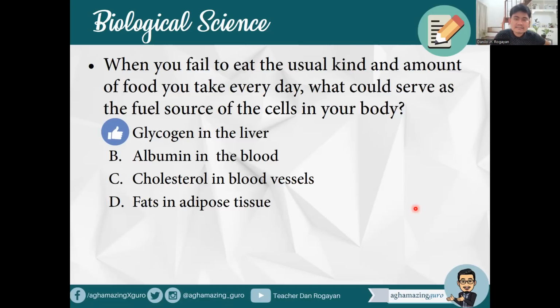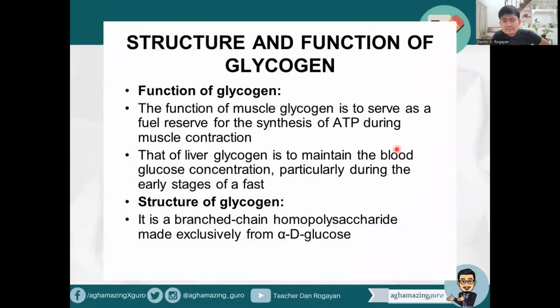So, tatandaan na, this is actually what serves as our fuel source of the cells in our body. So, glycogen, what's the function? Muscle glycogen serves as a fuel reserve for the synthesis of ATP during muscle contraction. Okay? That of liver glycogen is to maintain the blood glucose concentration, particularly during the early stages of the fast.